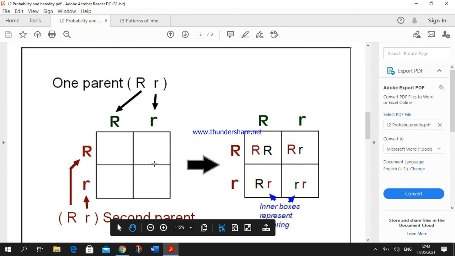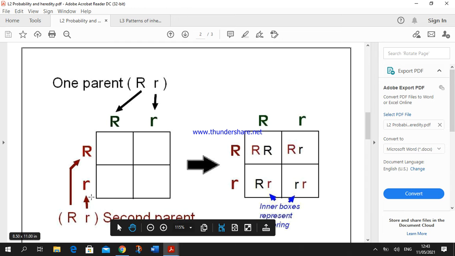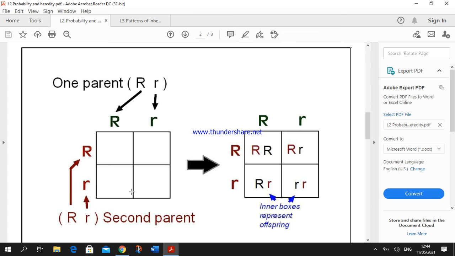Step number 1, start by drawing a box and dividing it into 4 squares, as we see. Then the male parent's alleles are written along the top of the square, and the female parent's alleles along the left side. Each square refers to the offspring resulting from the cross, so each square receives one allele from the male parent and the other from the female parent.